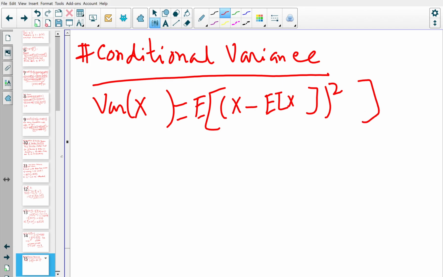Clear? Now if you have another random variable Y, then we define the conditional variance by this.